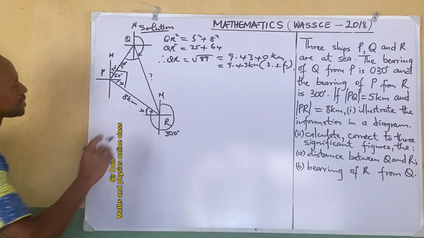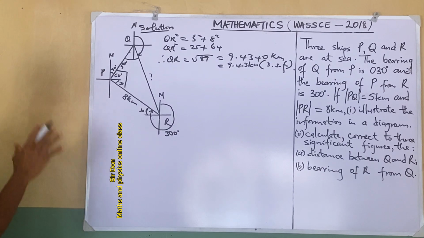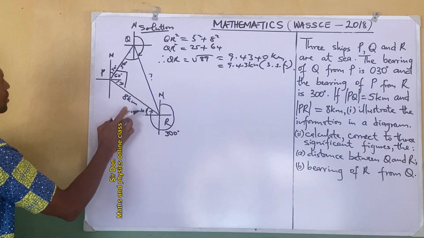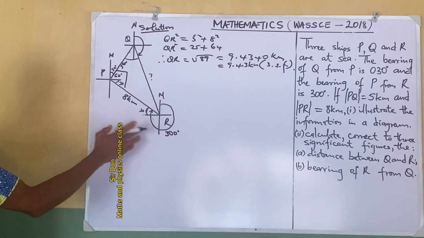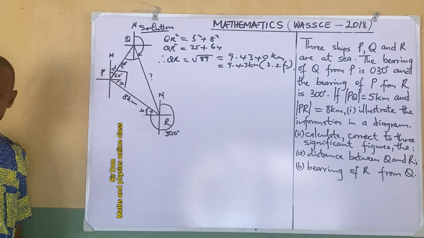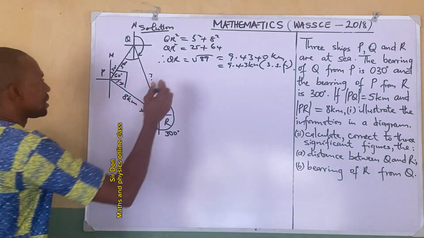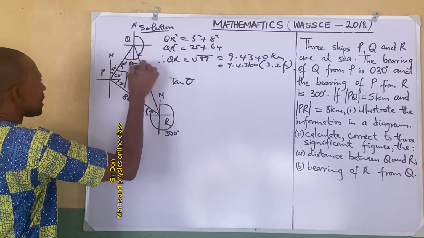This is a right angle triangle, so we apply trigonometrical ratios. PQ is 5 kilometers and PR is 8 kilometers. We can use the tangent ratio. Call this angle theta.